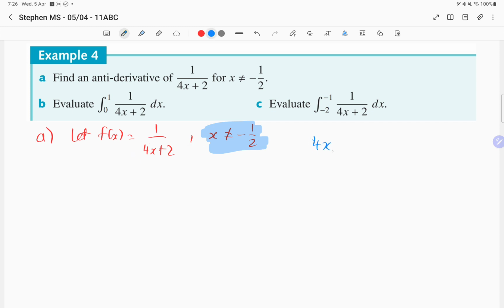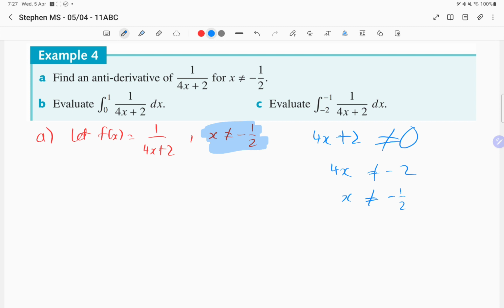Yes, the restriction is that 4x plus 2 cannot be equal to 0. You move the 2 over, so 4x cannot be equal to negative 2, and x cannot be equal to negative 1/2.